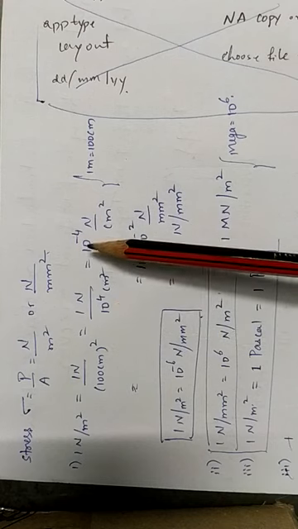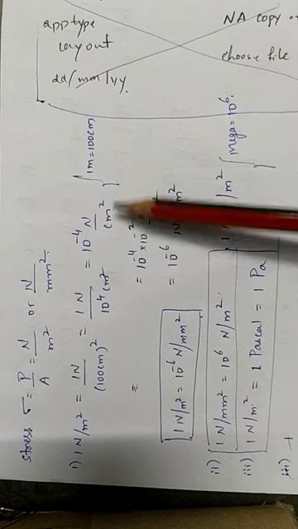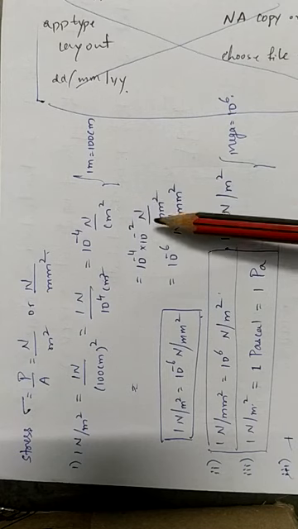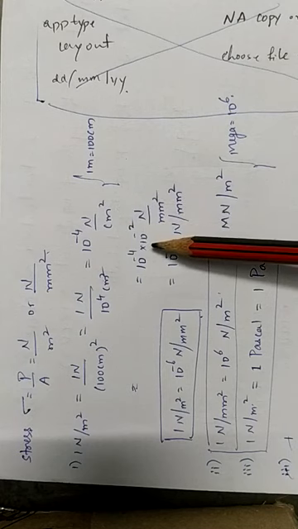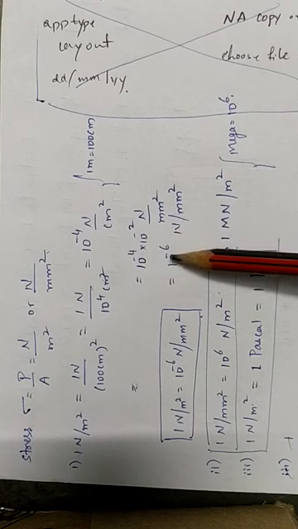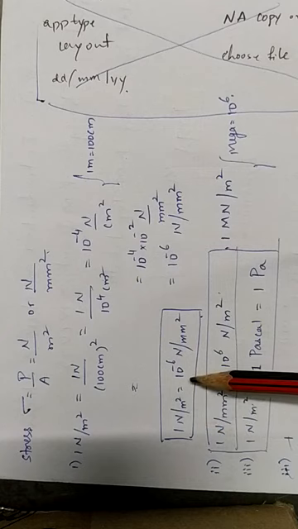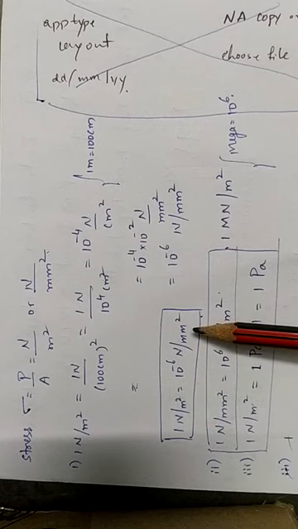This comes in the top portion, 10 raised to minus 4 Newton per centimeter square. If I want it converted into mm, that is 10 raised to minus 4 minus 2, 10 raised to minus 6 Newton per mm square. Therefore, 1 Newton per square meter is equal to 10 raised to minus 6 Newton per mm square.